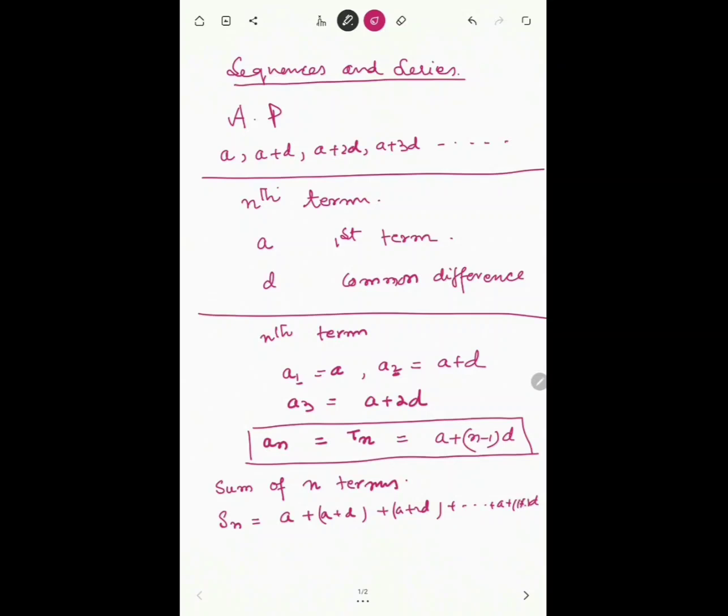Now, if we reverse this sequence, the sum of n terms remains the same. For example, if we write 1 plus 3 plus 5 plus 7 and say up to 29, and if we write this as 29 plus 27 and then 7, 5, 3, 1, same sequence. So it hardly matters how we write it, the sum will remain the same. So we can write this also in reversing order.